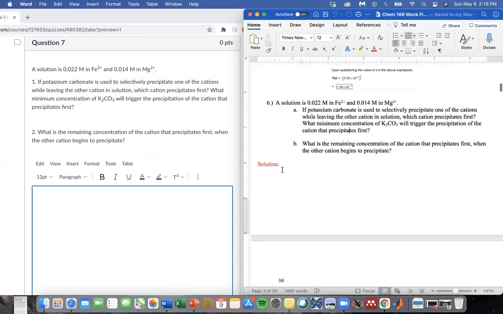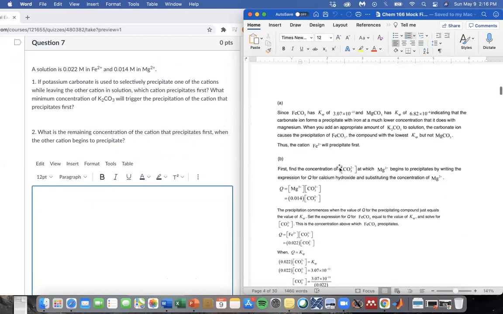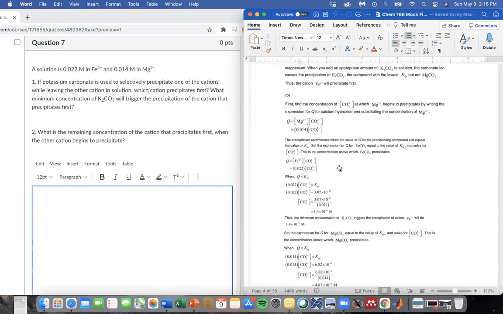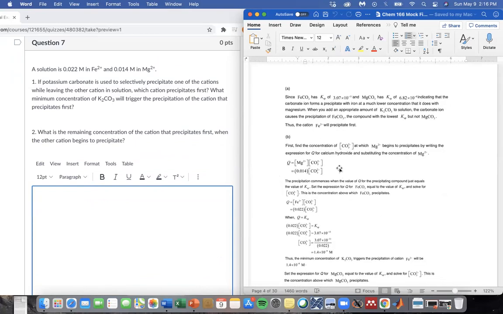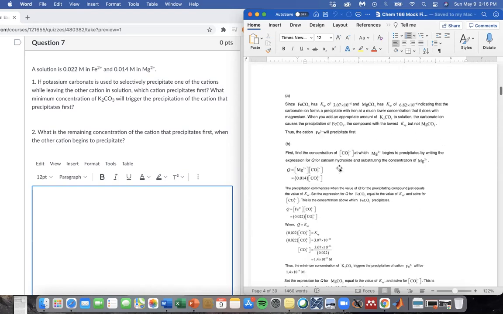Okay, so you have your KSP values and you have to figure out which one precipitates out first. It's really important to have the KSP values here in order to determine that. The KSP of FeCO3 is 3.07 times 10 to the negative 11th, and the KSP of MgCO3 is 6.82 times 10 to the negative 6th.